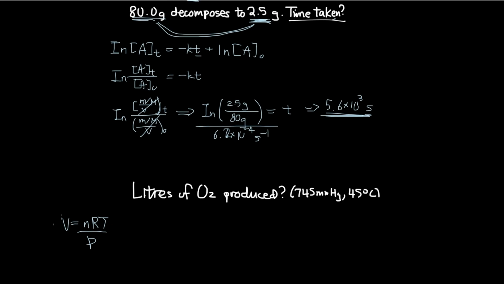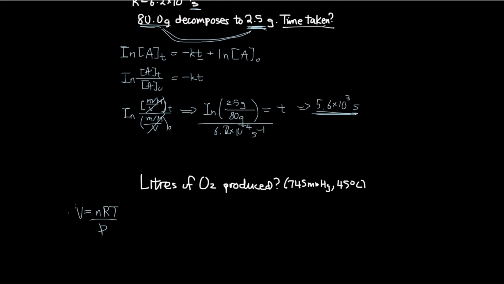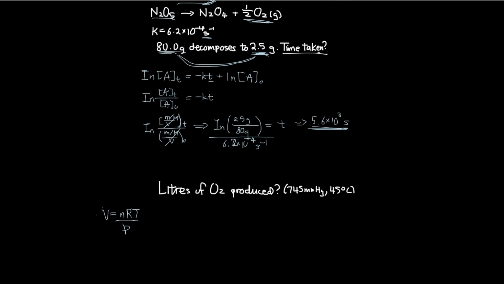So instead of just using our stoichiometry directly, we have to understand that the mass or the number of moles we're going to use for this reactant is going to be 80 minus 2.5 grams.